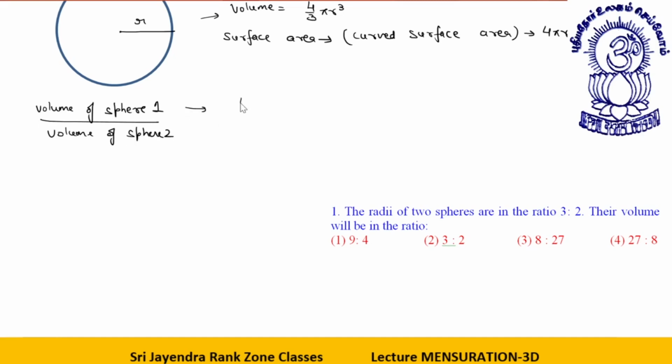Volume of sphere 1 is 4 by 3 pi r1 cube, over 4 by 3 pi r2 cube. So this gives me finally r1 by r2 cube. What is r1 by r2? r1 is 3, r2 is 2. This cube gives me 27 by 8. Do we have any such option? Yes. Option 4 is your answer.